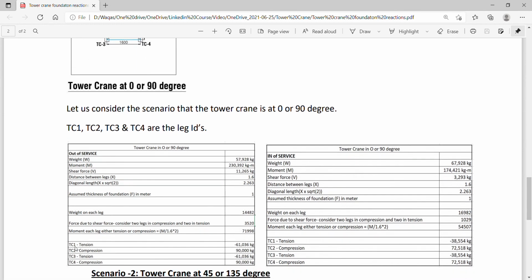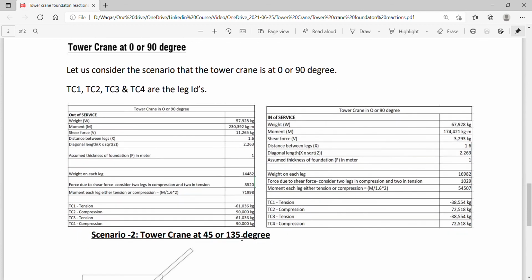If I talk about TC1, which is tension, it is very easy: total weight W, minus shear force, minus moment. This is the value you will get. Compression is weight plus shear force plus moment. Similarly, because they are at 0 degree or 90 degree, both two legs will get the same values, and the same calculation goes for in-service.